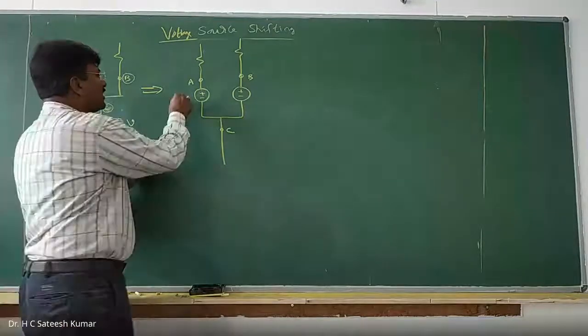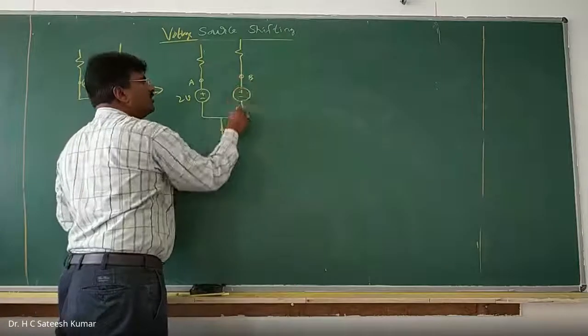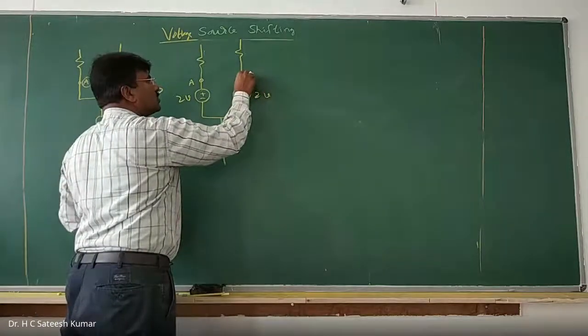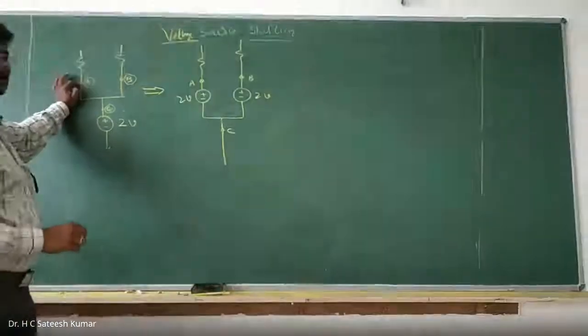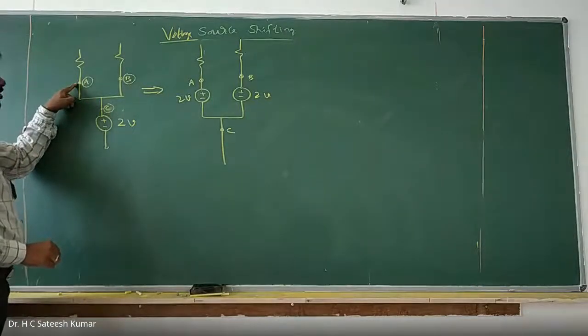What is the voltage here? 2 volts. And here this also is 2 volts, therefore this has to be 2 volts. My voltage at this point is 2 volts because this is 2 volts. Therefore this is connected here, therefore it is 2 volts. This is also 2 volts.